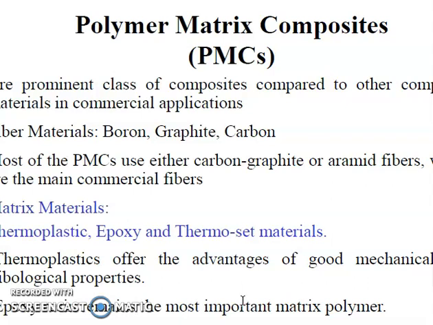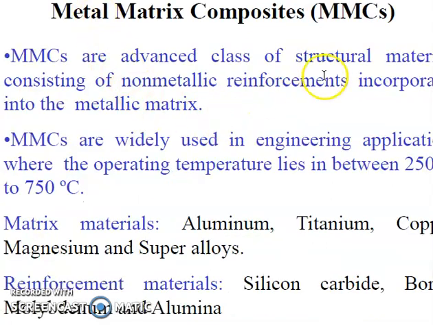In this category, they are again classified by which polymer material is used, whether thermoplastic or thermoset. Normally thermoplastic or thermoset plastics such as epoxy are used as a matrix material to make polymer matrix composites.